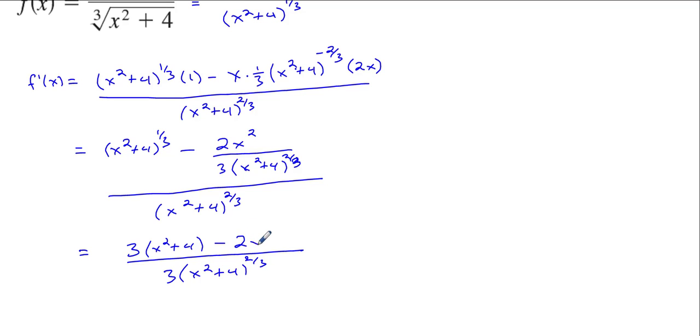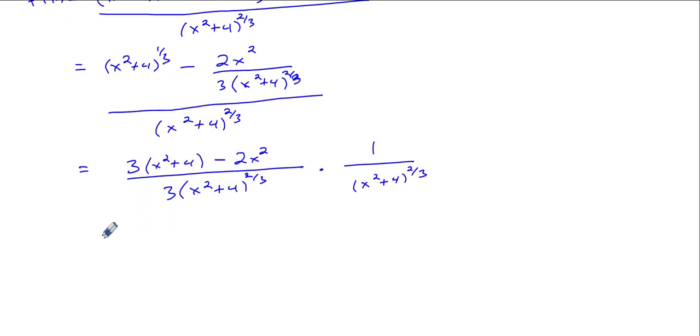Minus 2x squared, all over. Ooh, I don't want to do all over again. Let's multiply by the reciprocal. How are we doing right here so far?